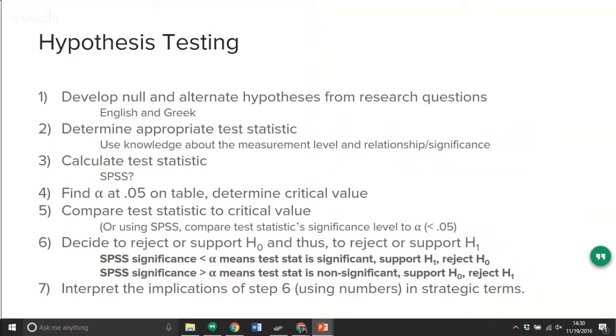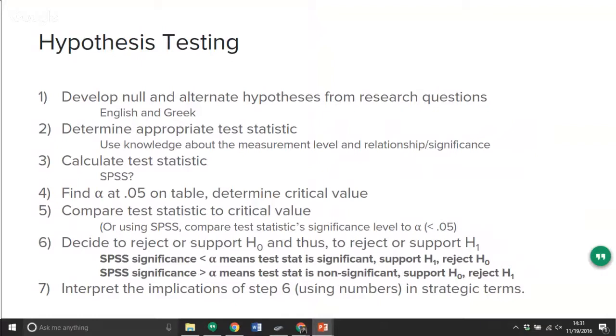So it is important that we have null hypotheses, but we're generally trying to look in terms of the alternate hypothesis. The alternate hypothesis says that groups are not equal, that groups are related in some way, that the variables do have an impact on dependent variables and so forth.